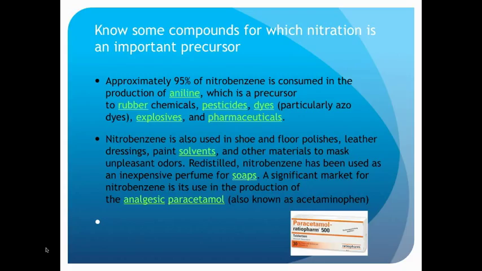Show some compounds for which nitration is an important precursor. Nitrobenzene is used in many formations of compounds that we use in our modern world, whether to make pesticides, explosives, pharmaceuticals, or many other things.